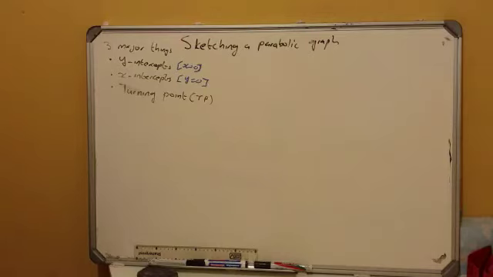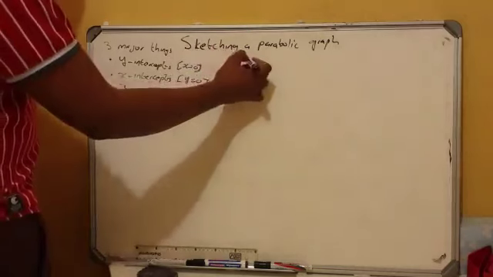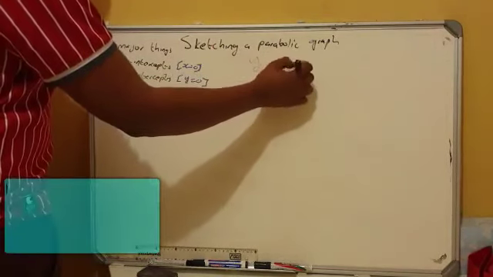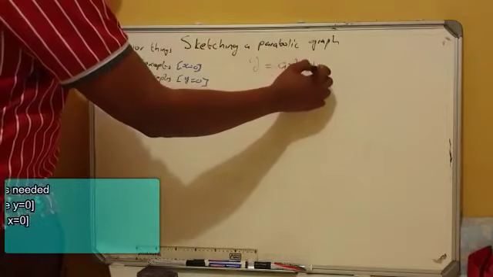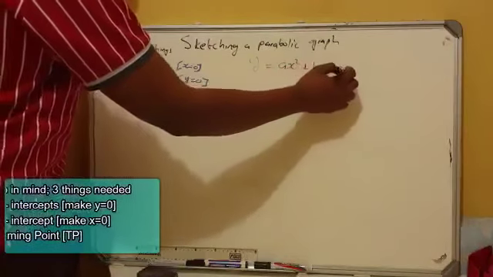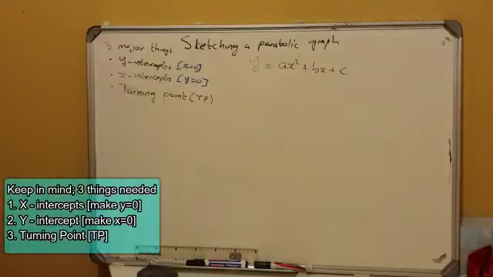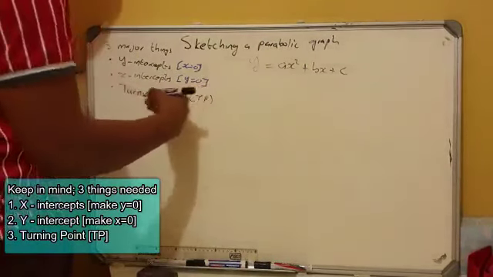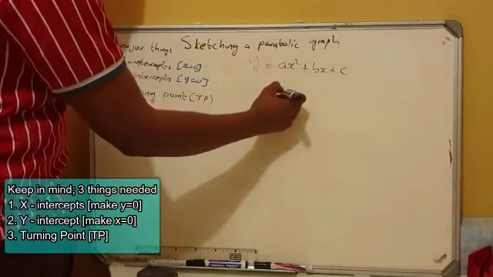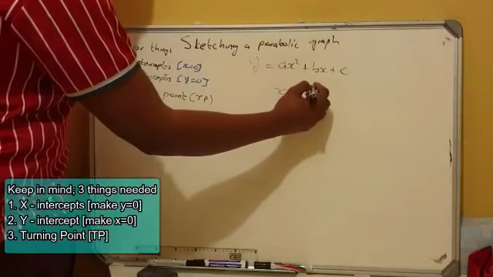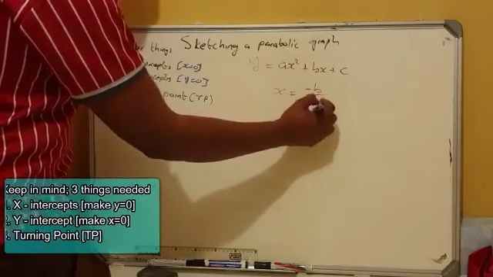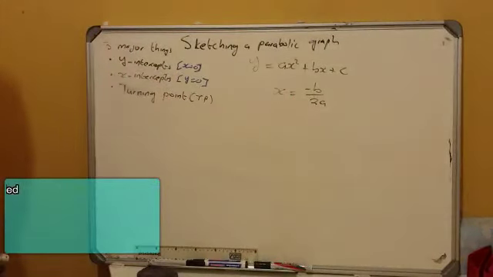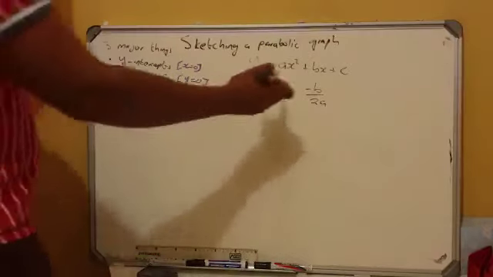If your graph is given in standard form, like ax squared plus bx plus c, you can use this formula for getting the turning point. For x, you say minus b over 2a. This is the x coordinate of the turning point.